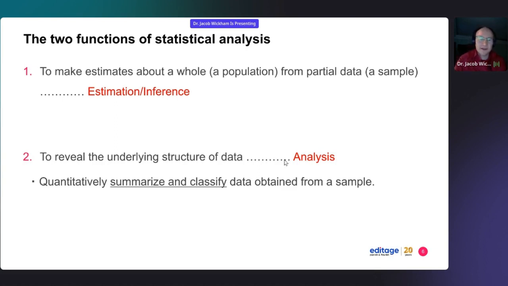But if these assumptions about a normal distribution are not met, then you'll be using non-parametric statistics, or you might be doing a data transformation before you do an analysis to make your data have a more normal distribution. So you'll be quantitatively summarizing and classifying the data obtained from a sample through your statistical analysis.